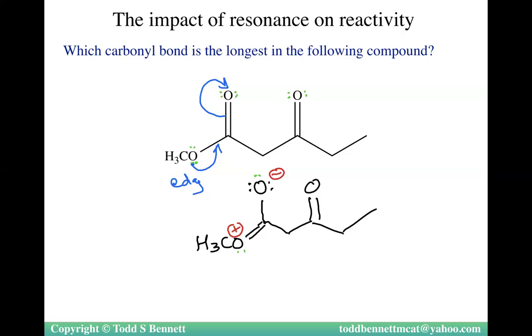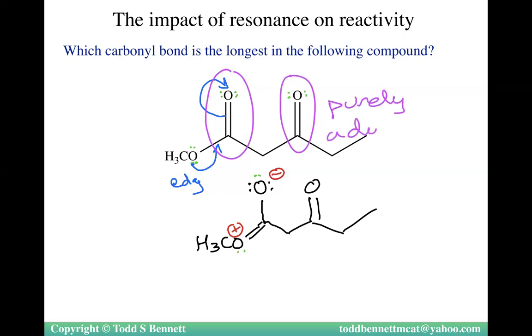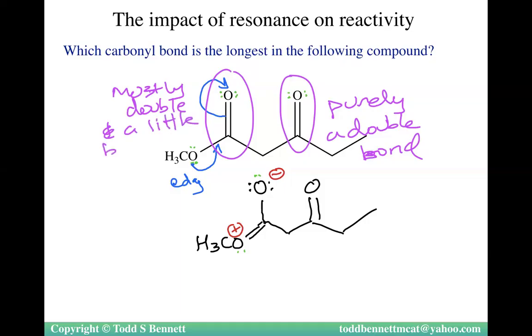So what happens then, these two carbonyls that we're told to compare, this one and this one: this is purely a double bond. Because of resonance, this is mostly double and a little bit single.